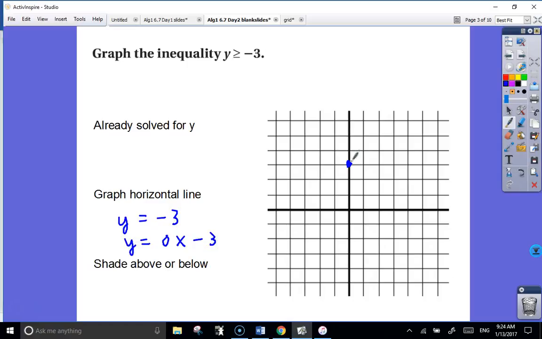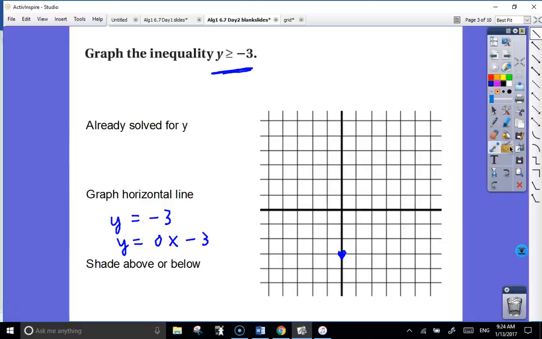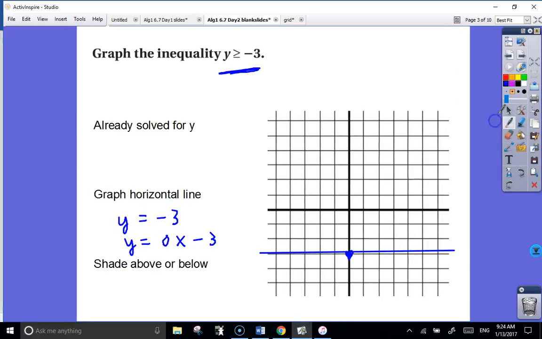So it has a y-intercept of -3. Okay, solid or dashed? Look at this one right here. It's a solid line.